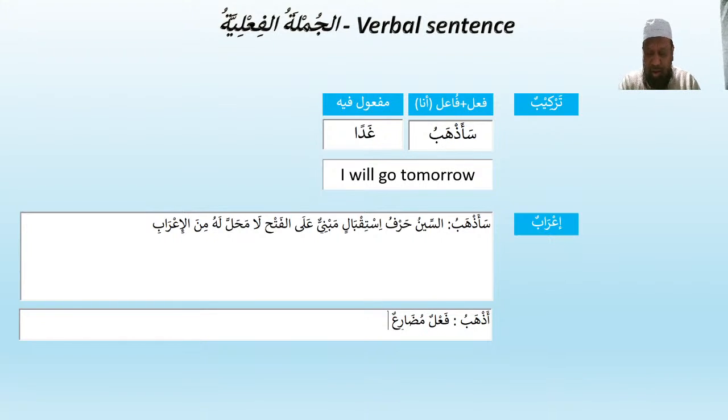So the i'rab of the mudari', we say أذهب فعل مضارع, and because it's one of the red groups, فعل مضارع, it's مرفوع.